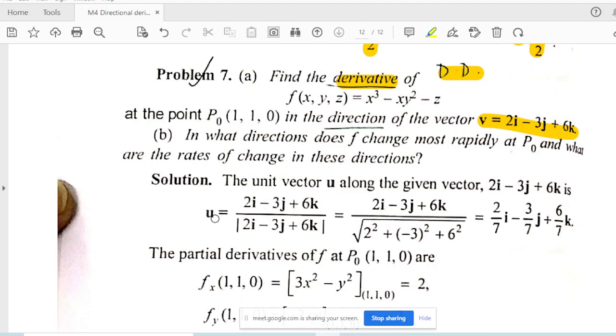So let us see the unit vector u along the given vector 2 i cap minus 3 j cap plus 6 k cap. The unit vector u is equal to 2 i cap minus 3 j cap plus 6 k cap by the magnitude of 2 i cap minus 3 j cap plus 6 k cap, which is 2 i cap minus 3 j cap plus 6 k cap by root of 2 square plus minus 3 square plus 6 square.